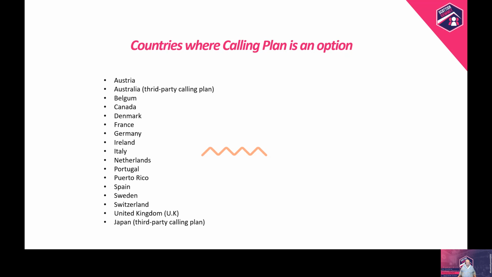And of course, USA. So that's approximately the list for where you can get calling plan. And calling plan is an option. But be aware of the license cost for calling plan licenses.